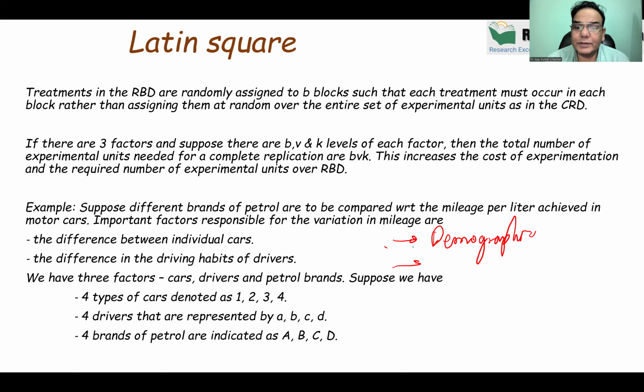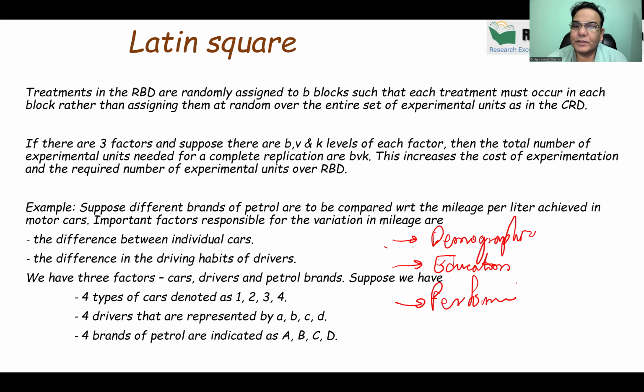The second level we fix is, let's say, education. And third is the performance, which is my outcome variable. So there are three levels.